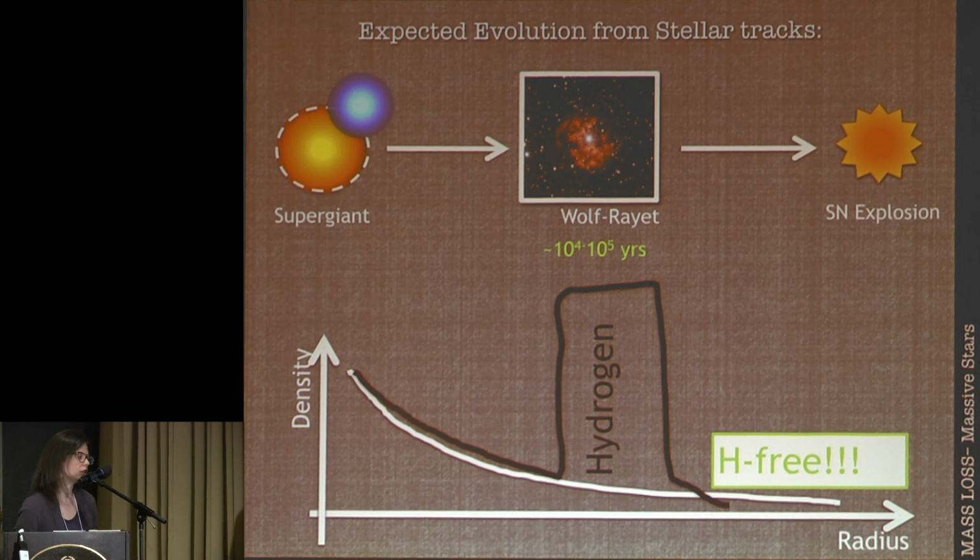And binary evolution can actually help in stripping your star of the hydrogen envelope. But that has to occur very late during the evolution. It must be something that happens almost synchronized with the explosion. It's not something that comes out naturally.